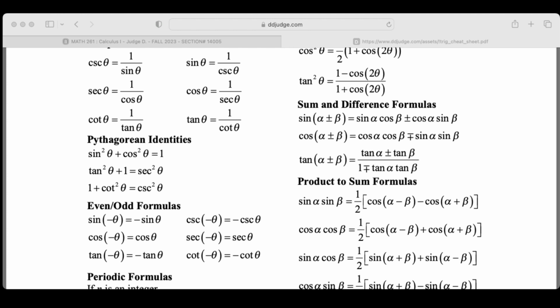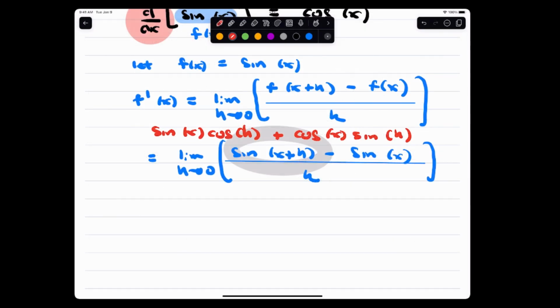It's going to be sine x cosine h, sine of a sum, plus cosine x sine h. Yes, sine h, because you've got the sum x plus h there. That's going to replace, right up here, sine of that sum.